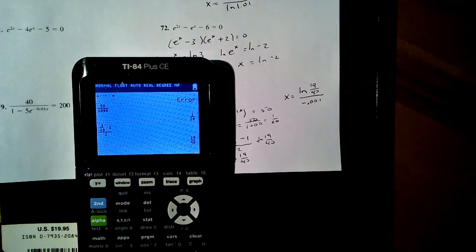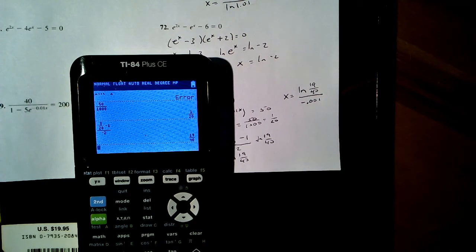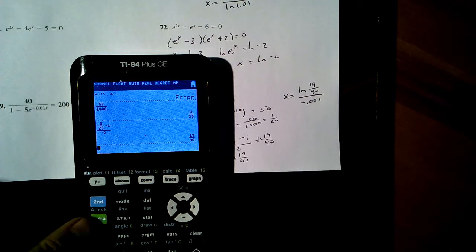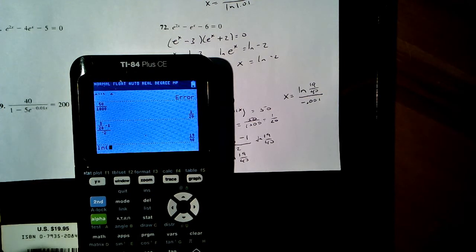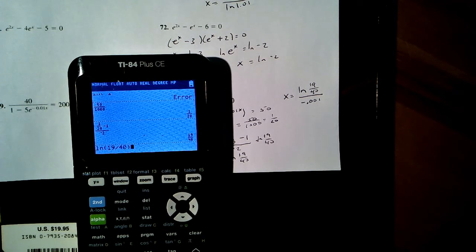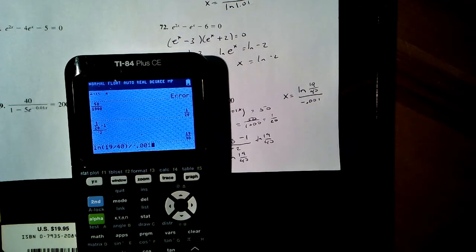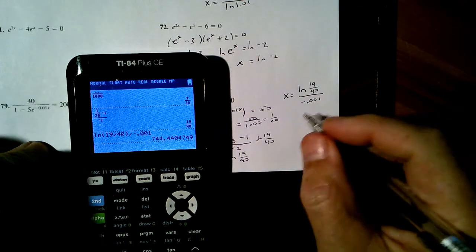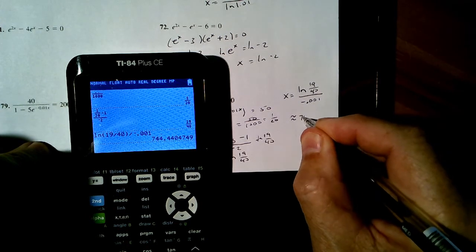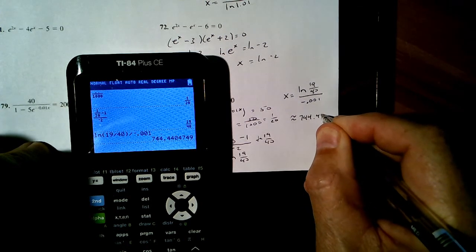That's the exact answer. So let's go, I'm just going to do it this way. ln 19 divided by 40 divided by negative 0.001, and we get approximately 744.440.